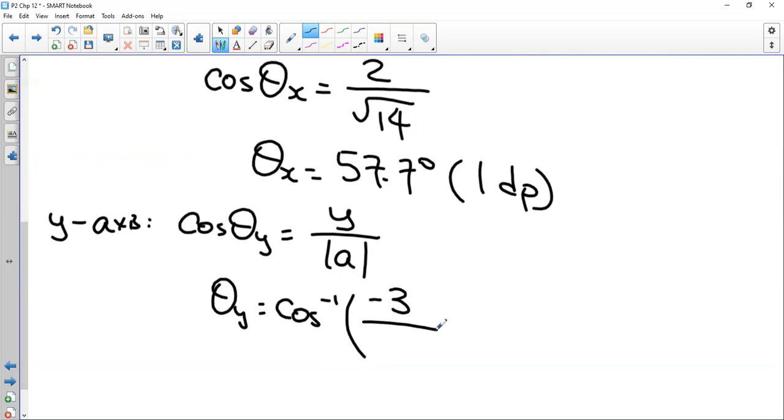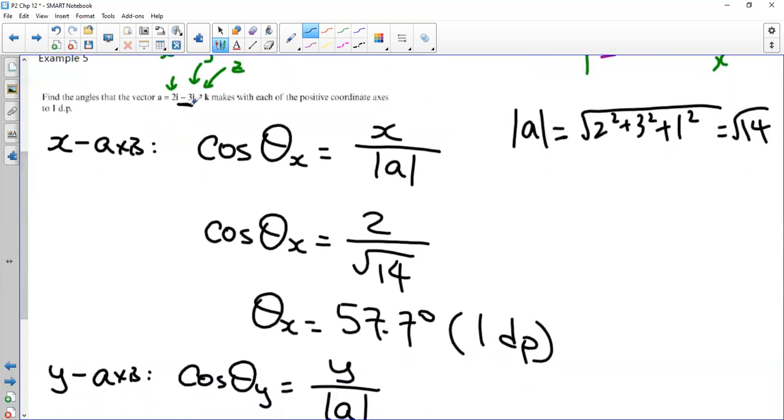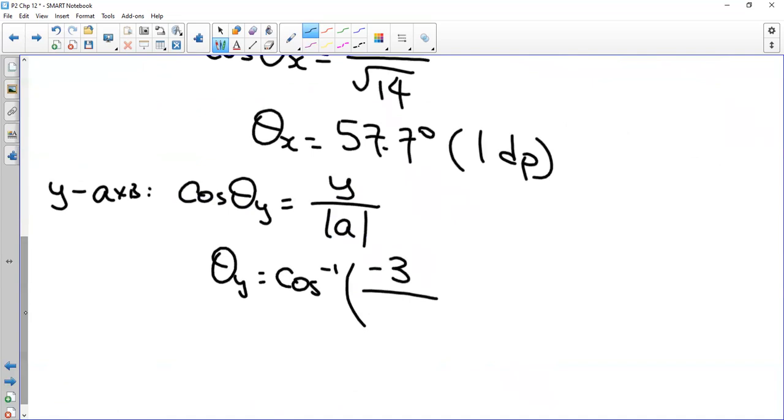If we look at the vector A, y is -3j. So -3 on the y, and the magnitude of A doesn't change, root 14. Just plug it into a calculator and you will get 143.3 degrees.